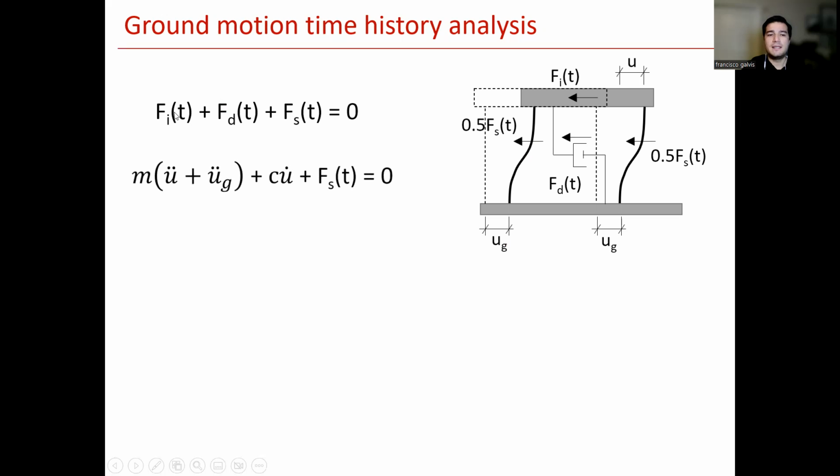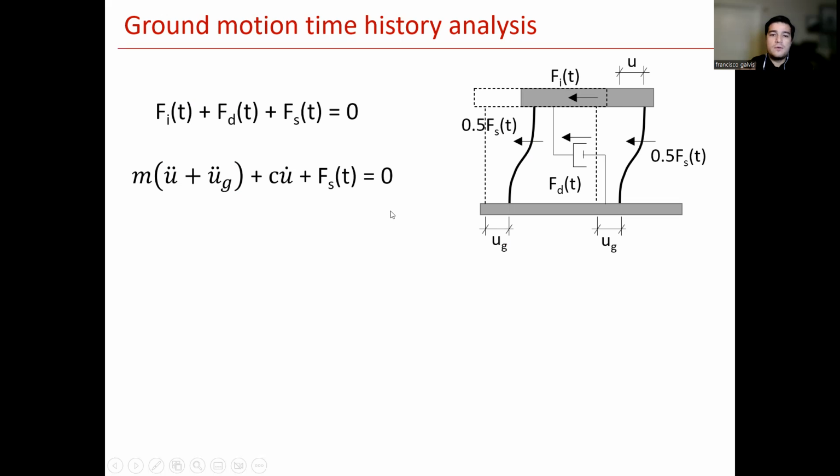The catch here is that the inertial term has two pieces: the acceleration developed relative to the ground, and the acceleration of the ground itself, right? So the total acceleration that the mass of this structure is subjected to is the summation of the two, the relative acceleration and the ground acceleration.